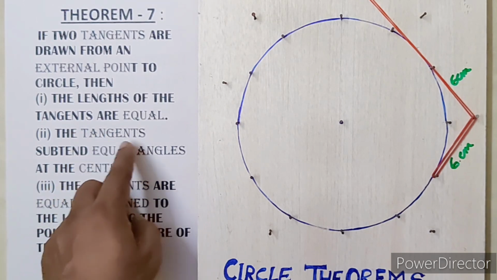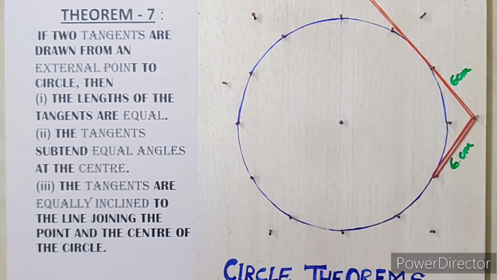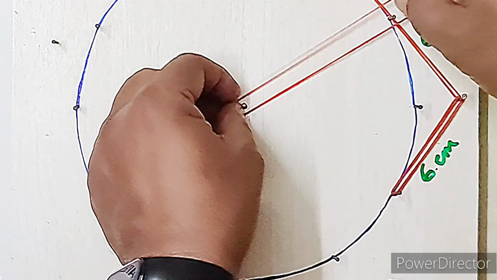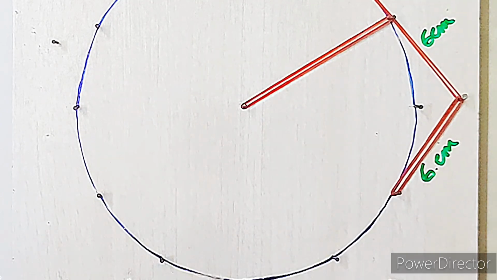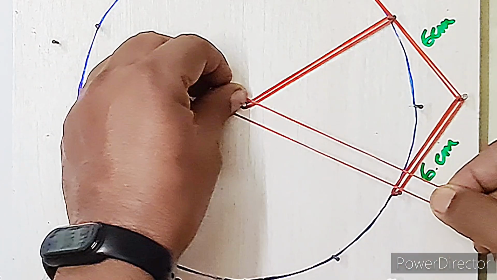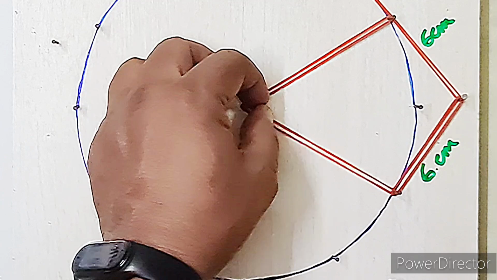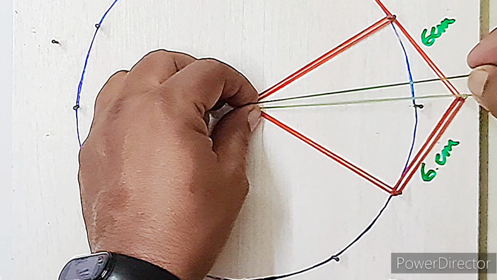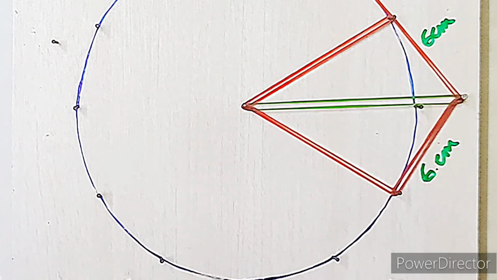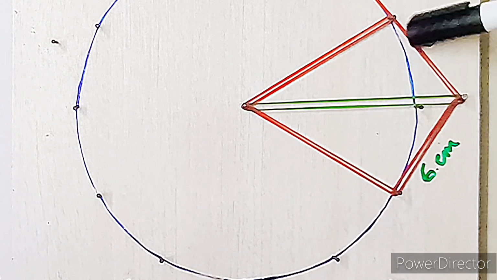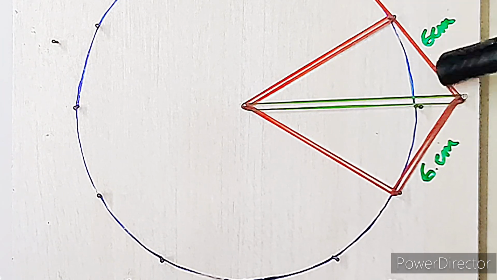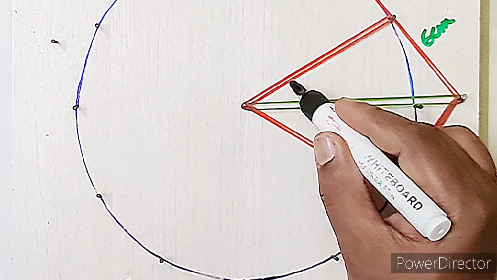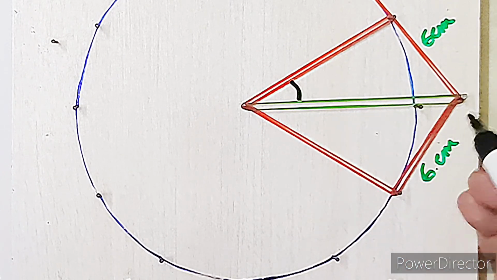Then the second one says the tangents subtend equal angles at the center. So let us get this part drawn. I have joined the center with the point of contact where the tangent is touching the circle. The next one is also done. Now I will join the center with the point from where the tangents are drawn. So what the theorem says now, the second part, is that the tangents subtend equal angles at the center. So this tangent will be subtending this angle, and this is the next tangent.